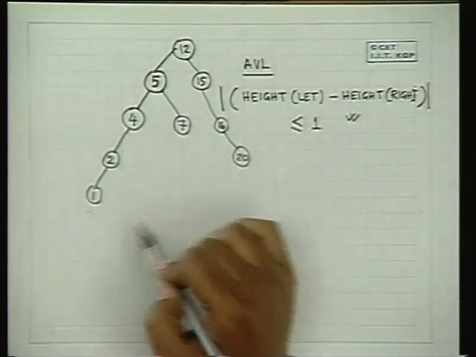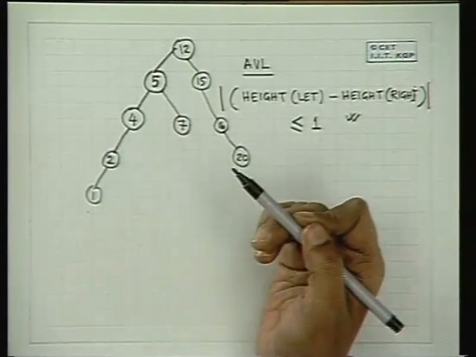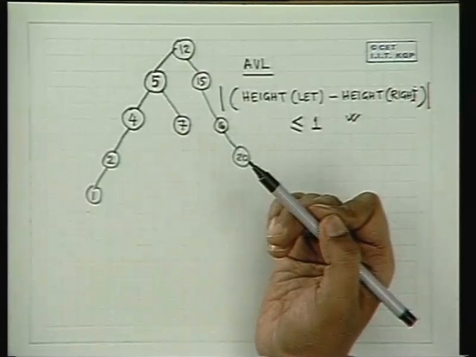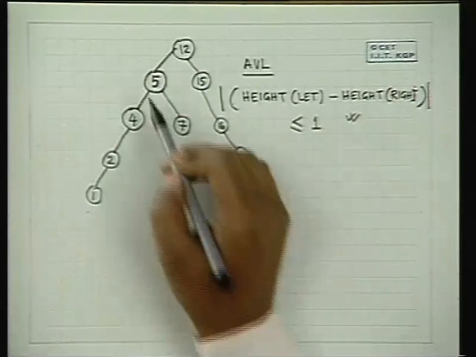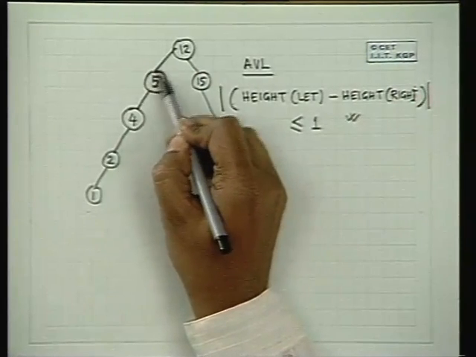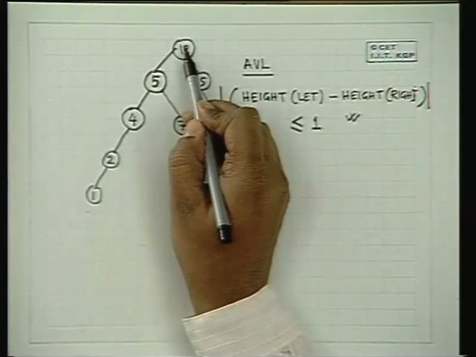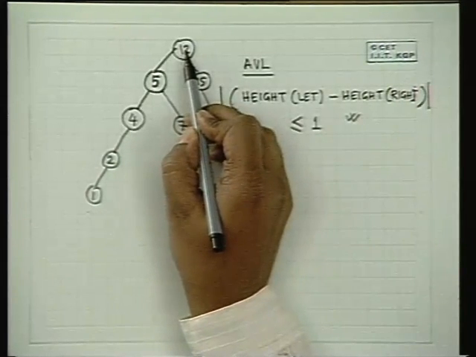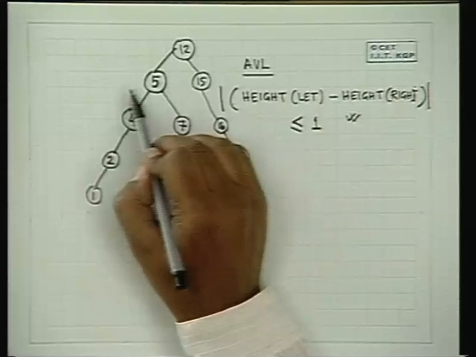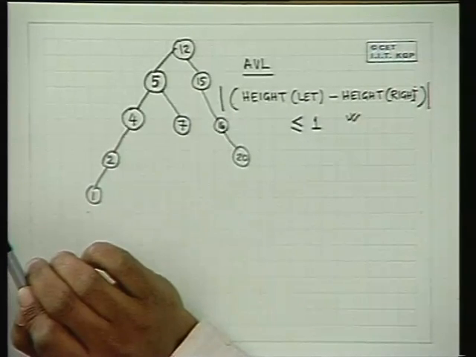So how does it detect this? By maintaining a height value at every node, and once the height value of a node is updated, the height value of its parent can be updated. The height of a parent is the maximum of the height of its children plus 1.